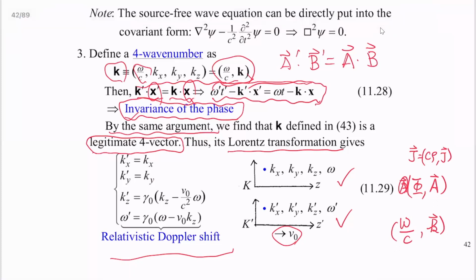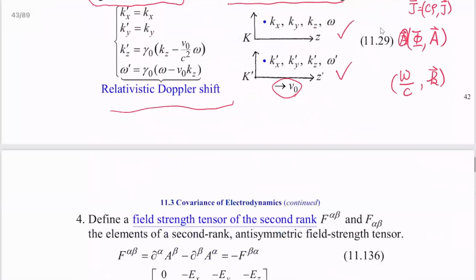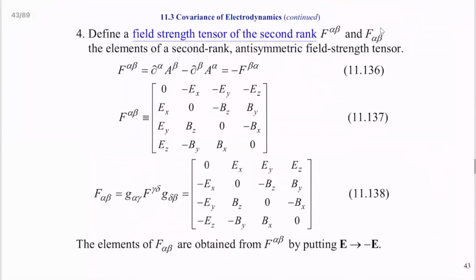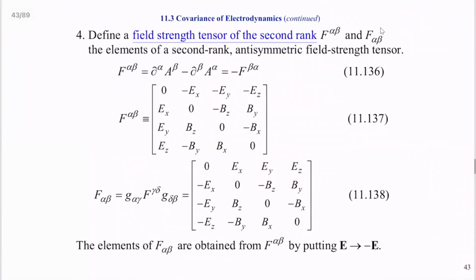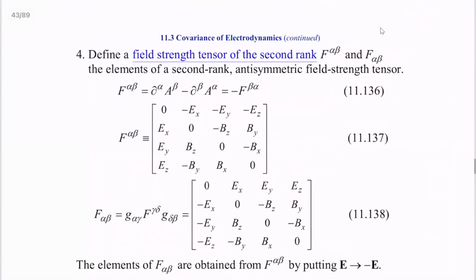Now I will give you more information. The field strength tensor of the second rank. The problem is we have defined all the quantities except the E field and B field.